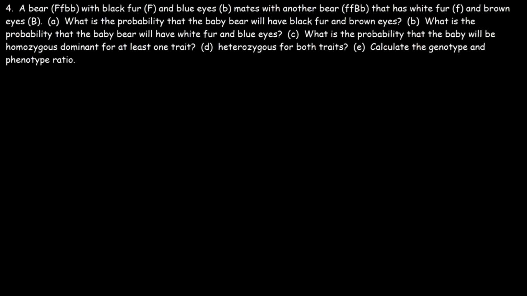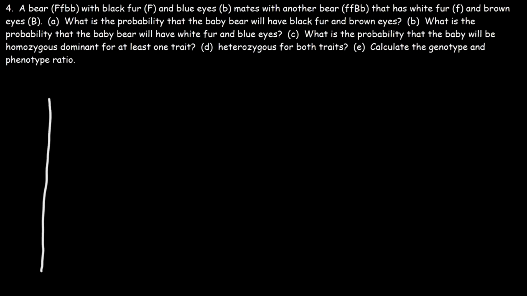So we use a monohybrid cross. But in this problem, we're dealing with 2 traits, the color of the fur and the color of the eyes. So we need to use a dihybrid cross. So this problem will involve more work.